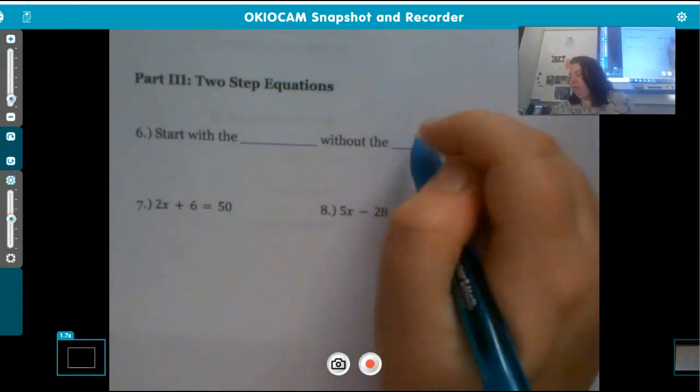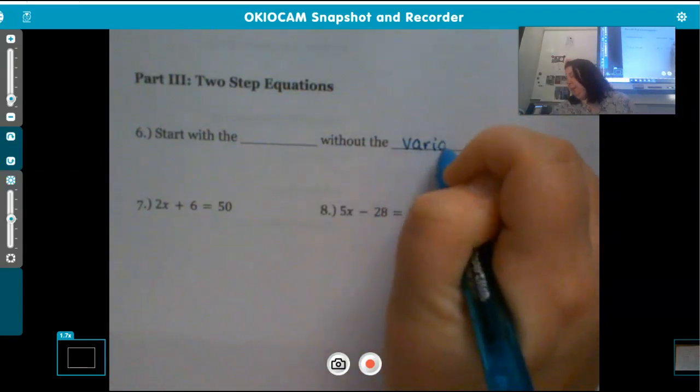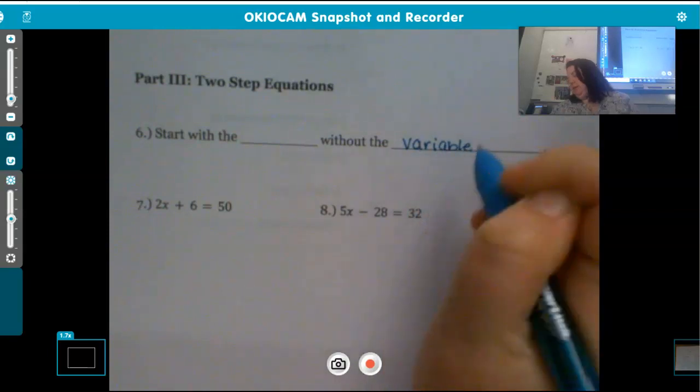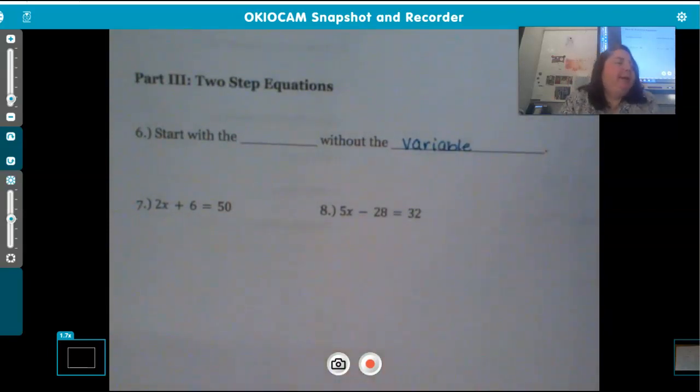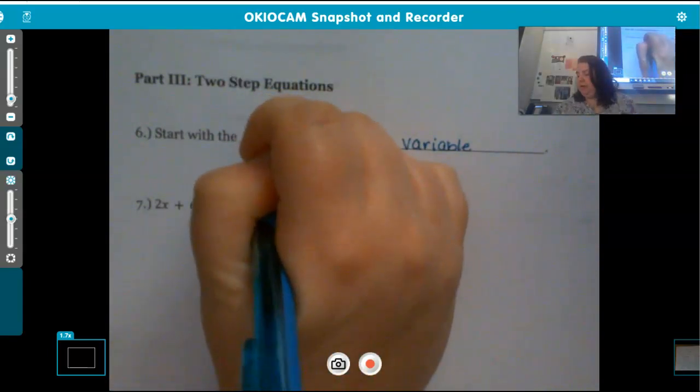Variable is the second one. We start with the something without the variable. Anybody want to take a stab at that first blank? I heard somebody say it. Term. We start with a term without the variable.